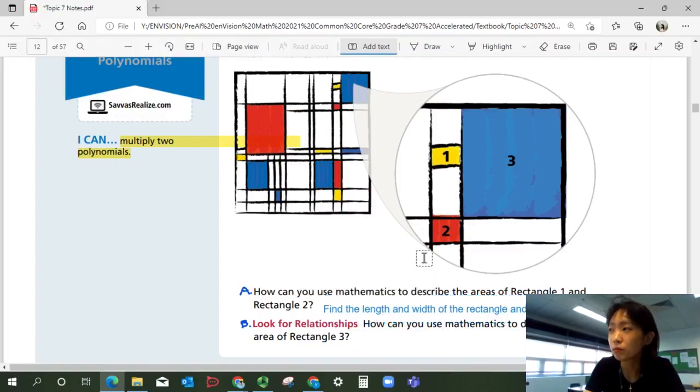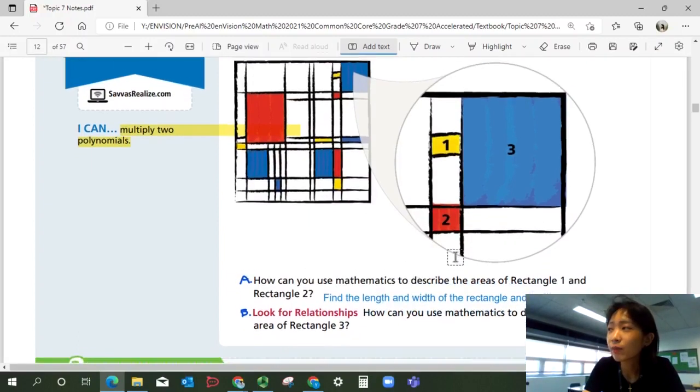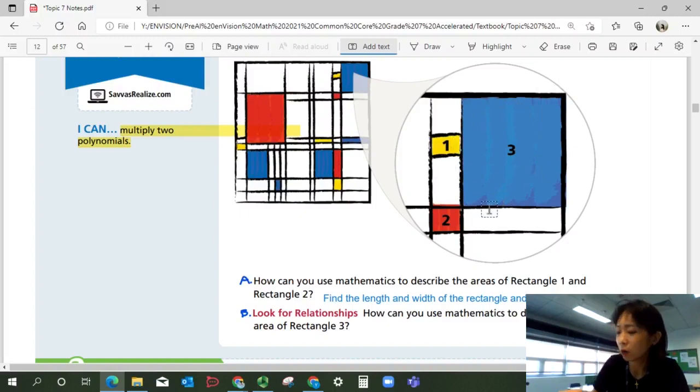Okay? And then how can you use mathematics to describe the area of rectangle 3? How do you use math to describe the area here? Whatever your length is, if it's in terms of an expression like x plus 2, and that's like 2x minus 1, you can multiply the expressions, right?